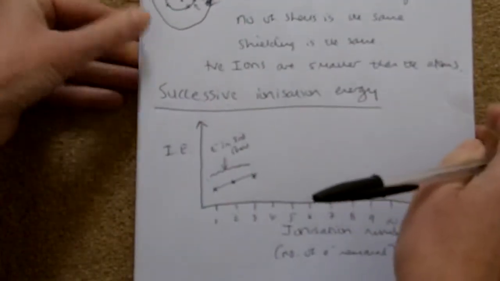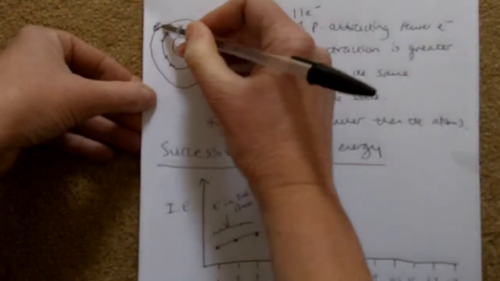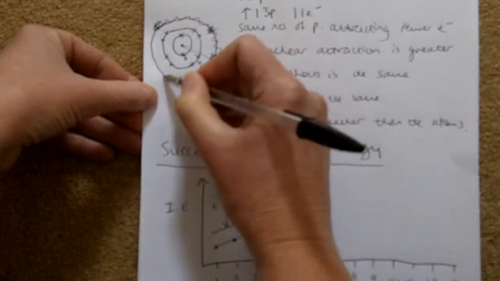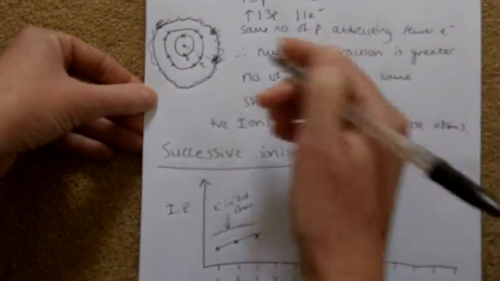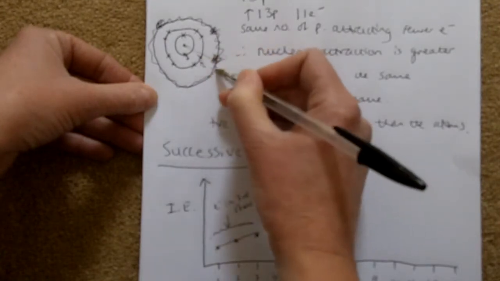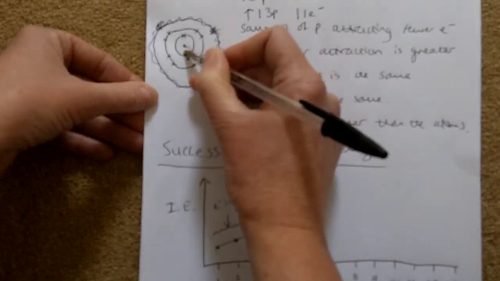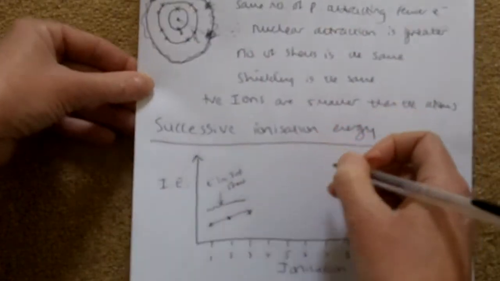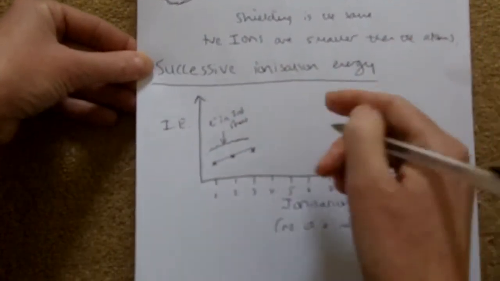All right. Now the third shell is gone. We've removed all the electrons in the third shell. So now we need to remove electrons in the second shell, and that is a lot closer to the nucleus, and it's a lot harder to remove electrons from the second shell.